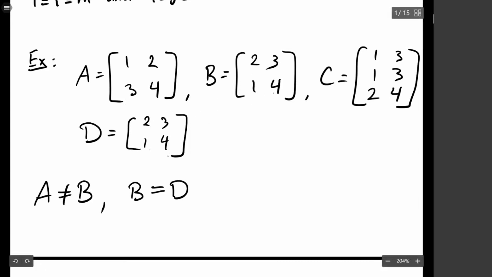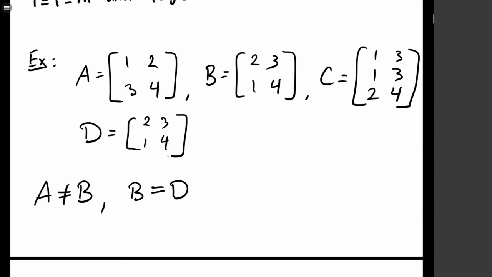So even if all the numbers are the same in the two matrices, if they don't match entry for entry, so the 1, 1 entries have to match, the 2, 2 entries have to match, the 1, 2 entries have to match, the 2, 1 entries have to match. They all have to match each other.